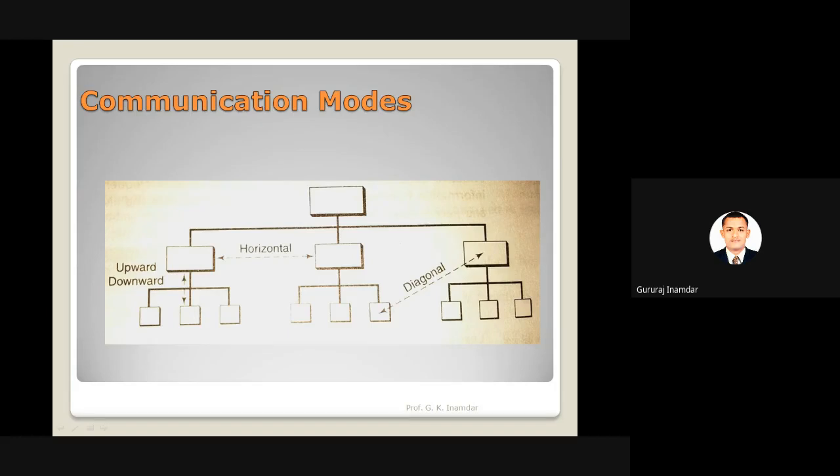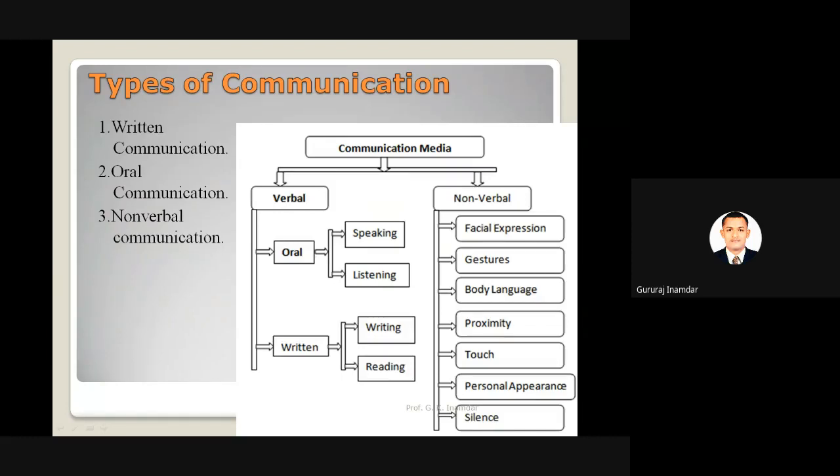This is the diagonal process. Actually the basic process is he will tell the manager and the manager will tell, which is horizontal communication. But if some factors are there, those will follow the diagonal communication mode. So this is all about communication; types of communication are written, oral and non-oral communication.